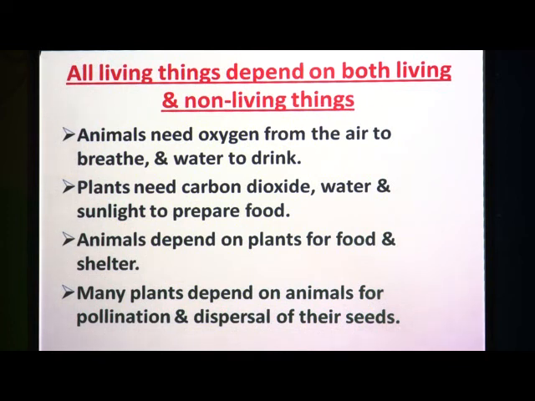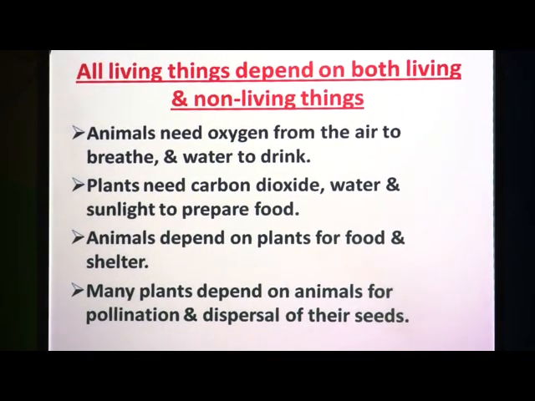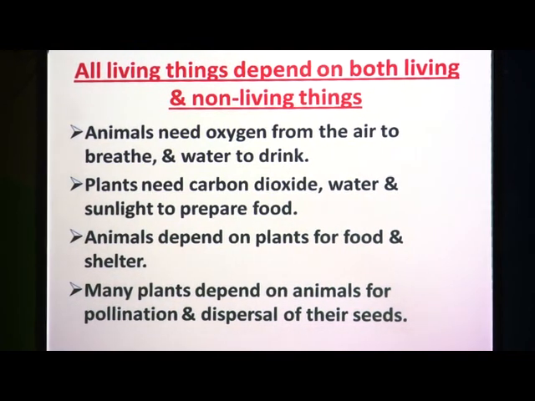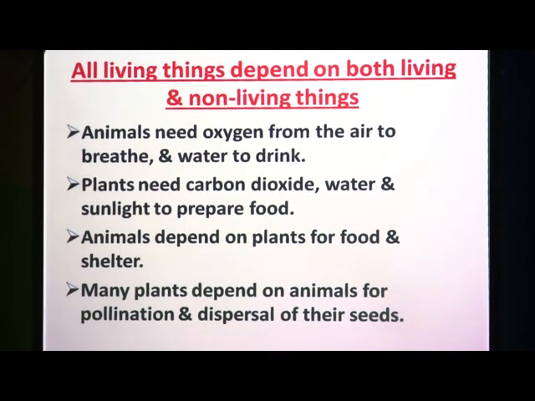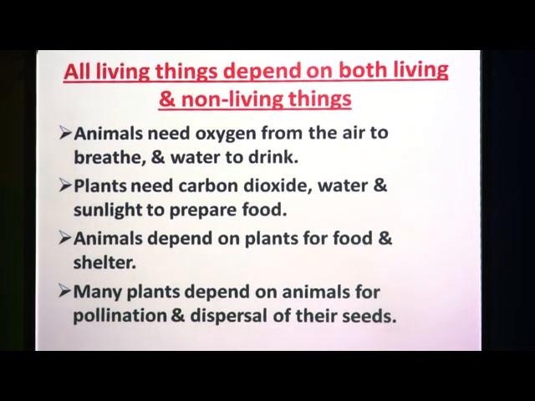That means all living things need water, soil, air, etc. Plants depend on animals, and animals depend on plants. In this way they depend on each other, and all living things depend on both living and non-living things in many ways to survive.